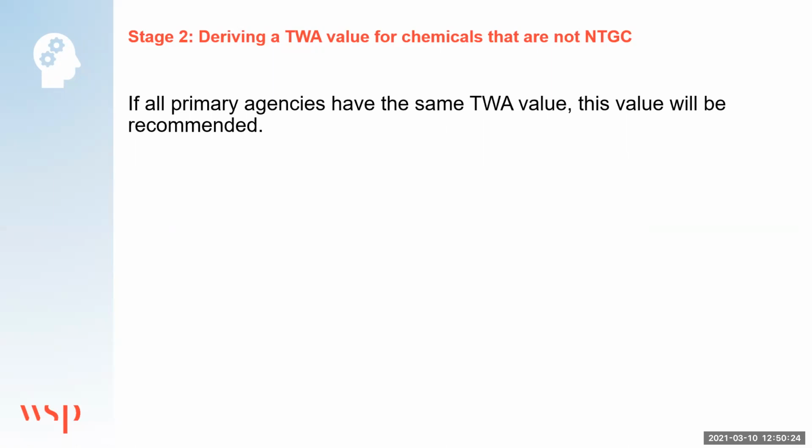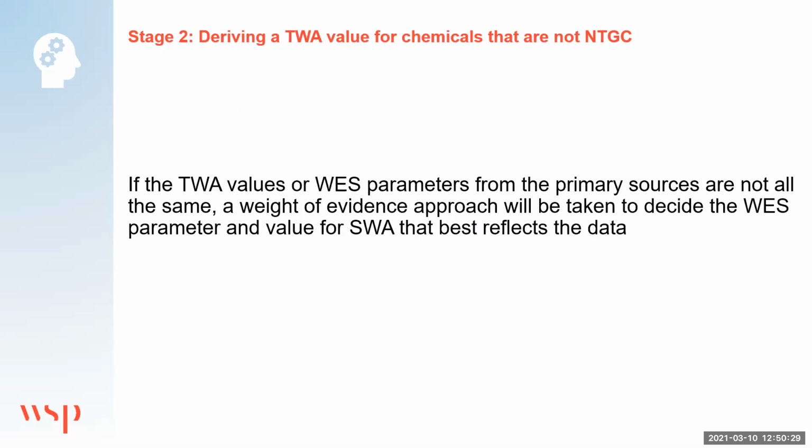And they all had the same for those that presented one. If the TWA values from the primary sources are not the same, a weight of evidence approach was taken to decide the WES parameter and the value that best reflects the data.